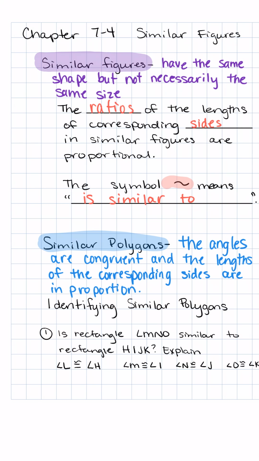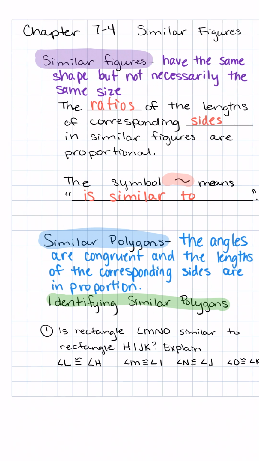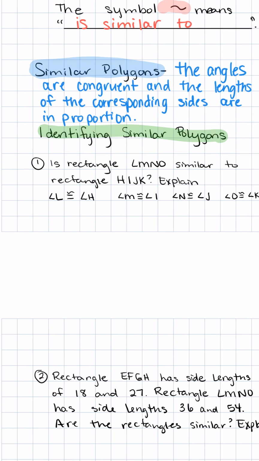So let's look at identifying similar polygons. If we have a rectangle LMNO that is similar to the rectangle HIJK, okay?